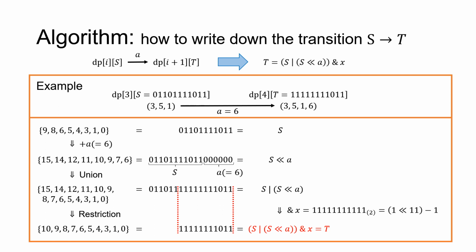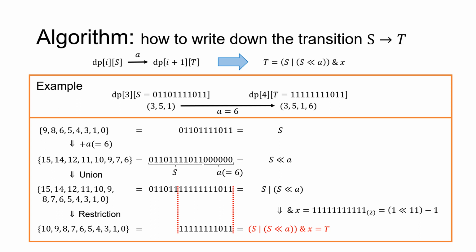Then we take the union of two sets because every choice from 351 is allowed, even in the case of 3516. Finally, we restrict the set from 0 to 10. The restricted set is the next state t, and this is what we want.